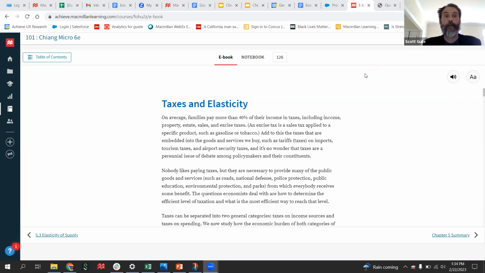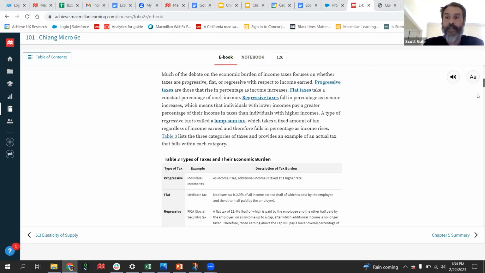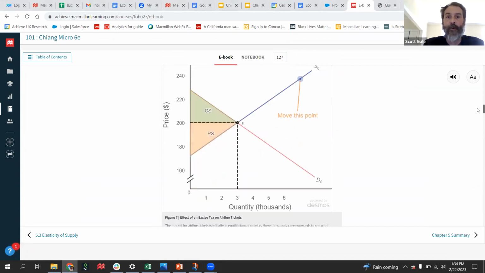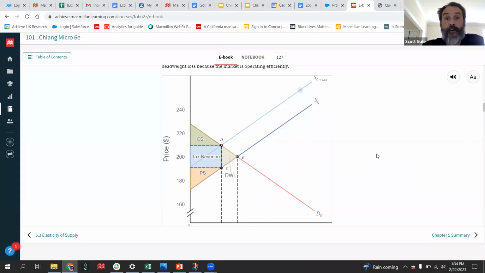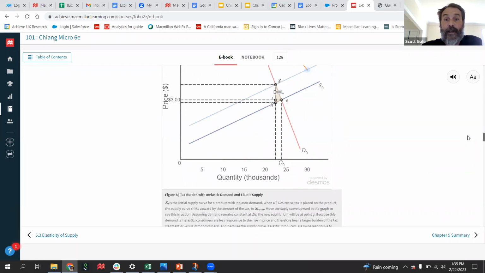So I just wanted to quickly show the book, Eric's book, and the material that Erika had helped us with so much, in addition to other facets of the book this semester. This is Achieve, and this is the ebook. And within our ebook, instead of having static graphs, at many points we now have a graph that is dynamic, where the student can actually move this point and see the tax revenue and how it's associated with consumer surplus and producer surplus.